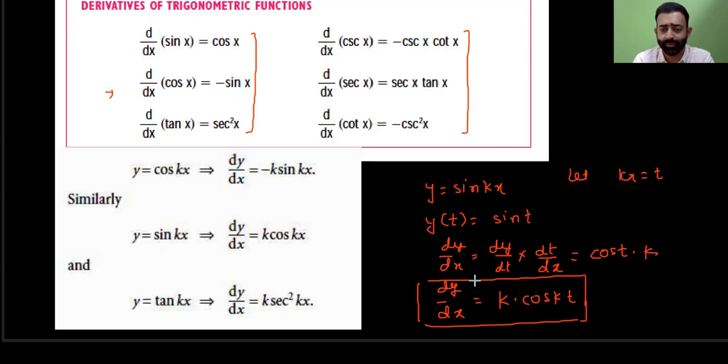Sin kx derivative we have just derived, k cos kx, and derivative of tan kx is k times sec square kx, because derivative of tan kx with respect to x is sec square kx. This is how you can apply the chain rule, not only to these trigonometric functions, but also to exponential and logarithmic functions that we have already done in our previous lessons, right?